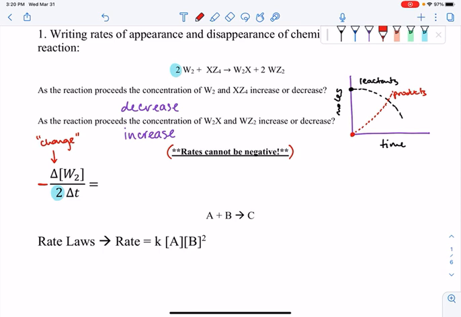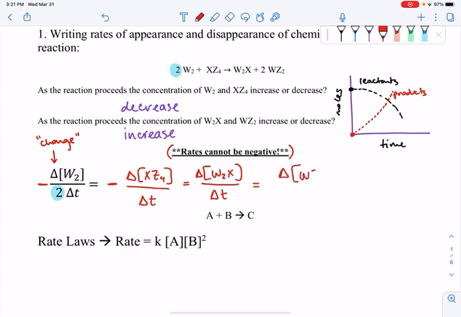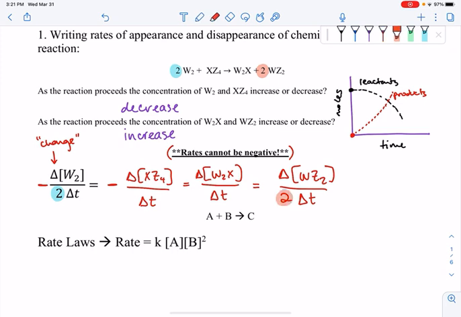So this is going to be equal to the rate of disappearance of XZ4 after some amount of time has passed. This will also be equal to the rate of appearance of W2X after some time, which will also be equal to the rate of appearance of WZ2 for some time. But be careful, because here we have stoichiometry, so we need to put that stoichiometry in the denominator.